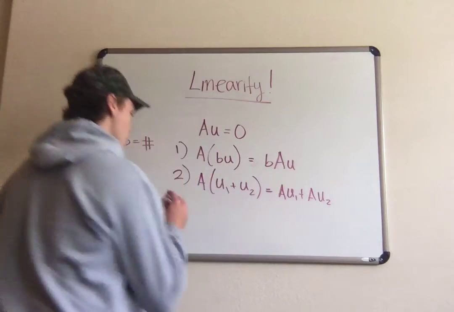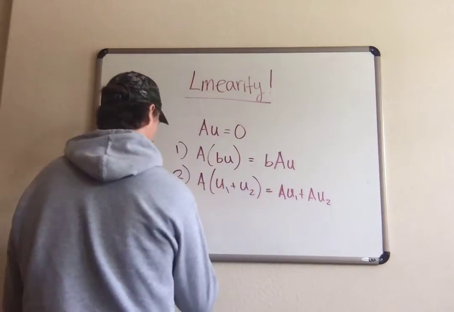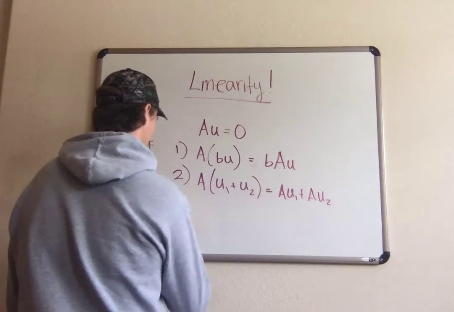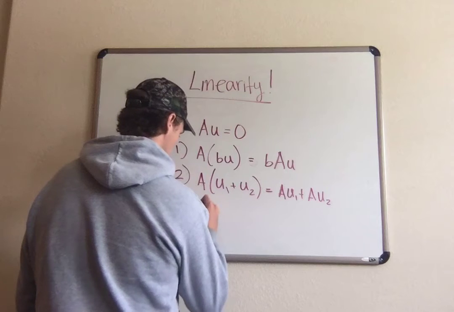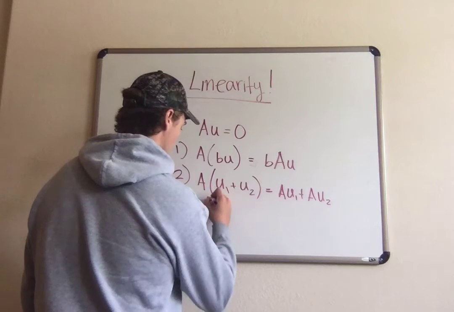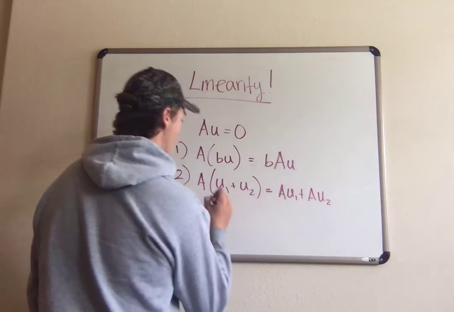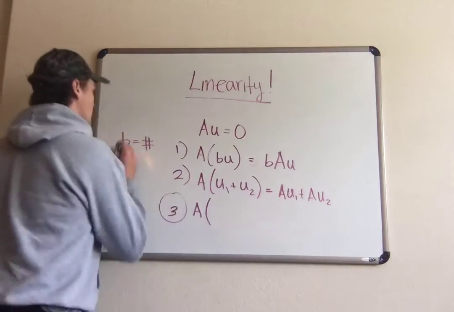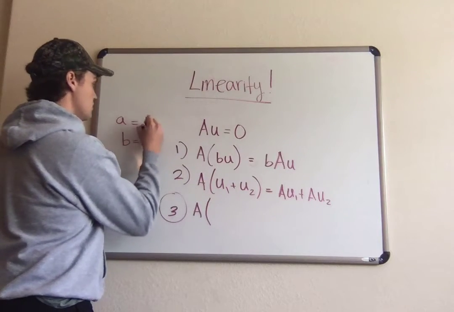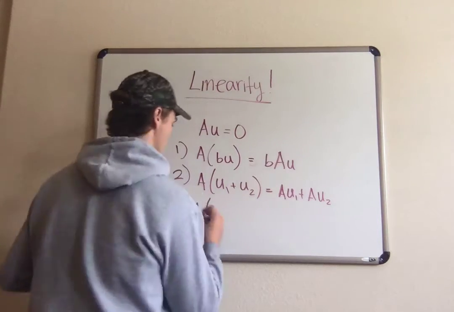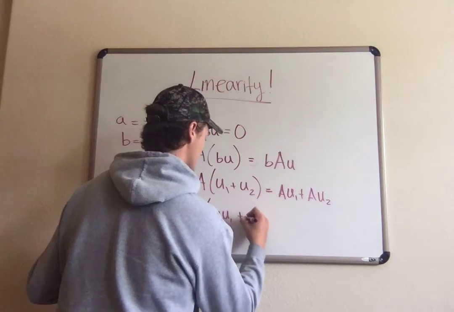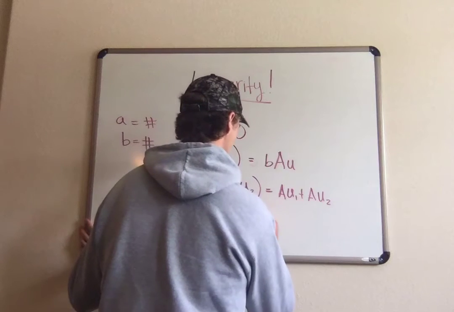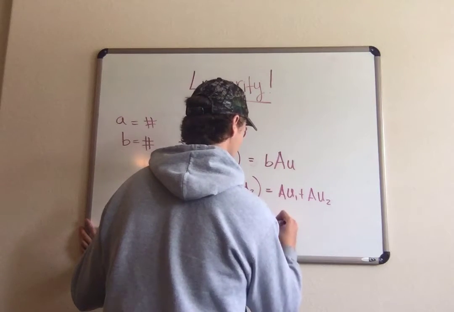This leads to a third property, which is really the one that I want to hammer home. So I'm going to circle it and be like, oh, this is the big one. A acting on, and I'm going to define two constants, little a and little b, a u1 plus b u2.